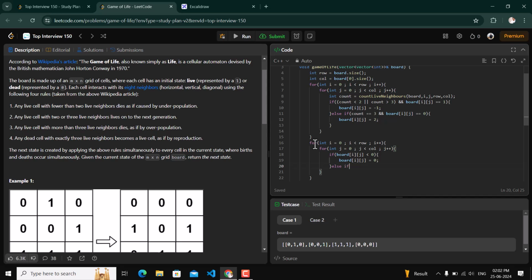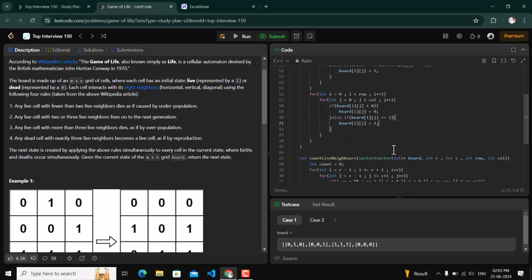Else if board of i comma j is equal to 2, we will make it 1, because it is alive.